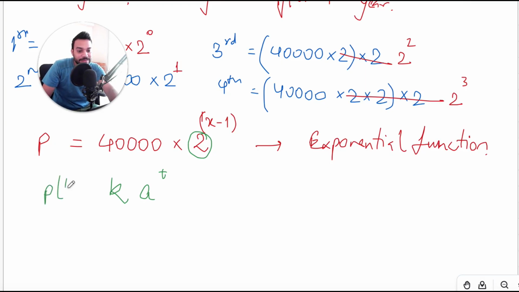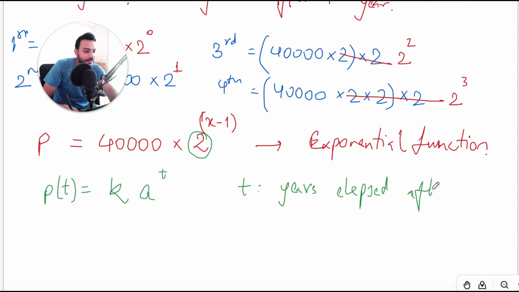So P of t is equal to k a raised to the power t, where t is the number of years elapsed after the first year.